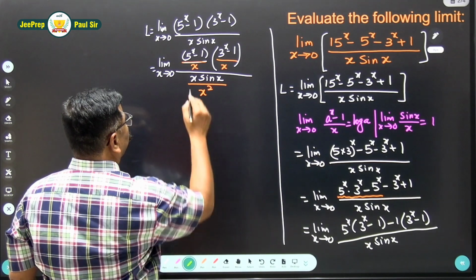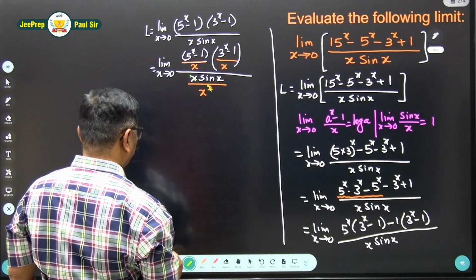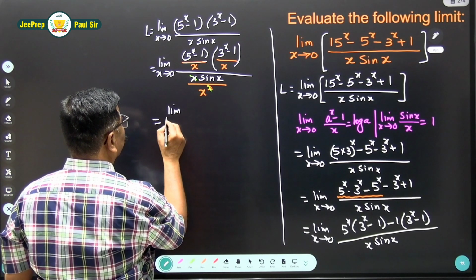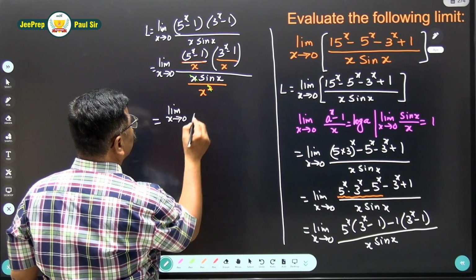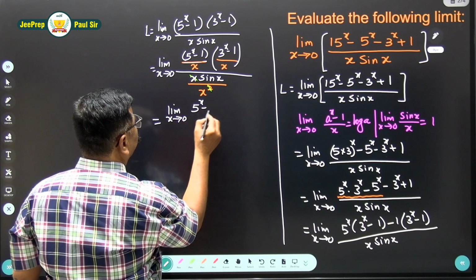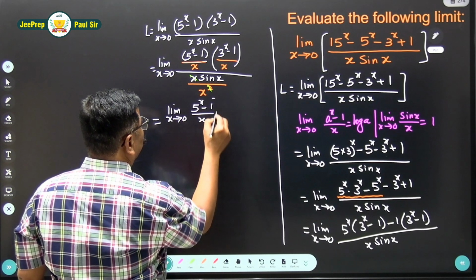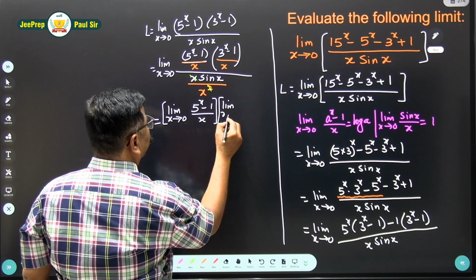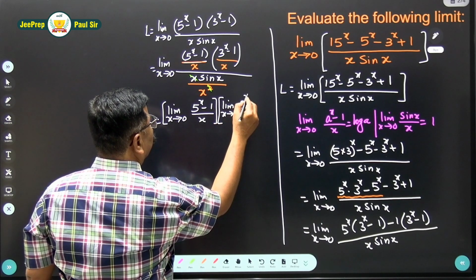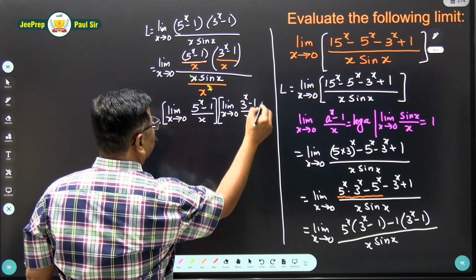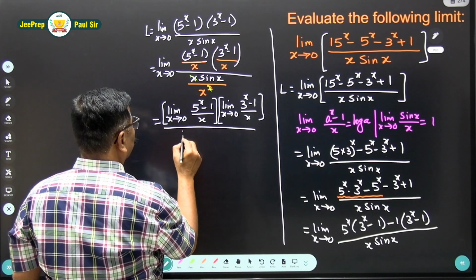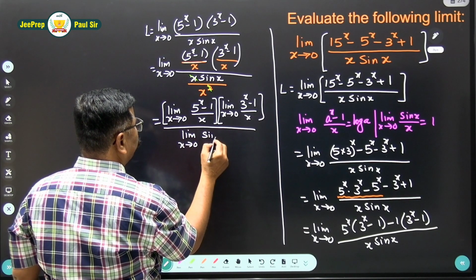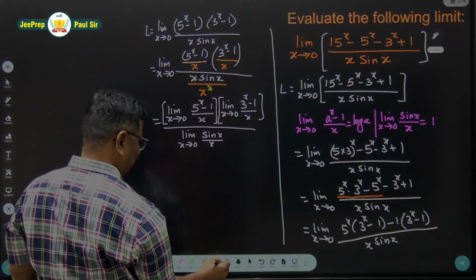So now here x will get cancelled and we will take the limits of the numerator separately and the denominator separately. So limit x tends to 0, 5 raised to x minus 1 upon x, into limit x tends to 0, 3 raised to x minus 1 upon x, whole divided by limit x tends to 0 sin x upon x.